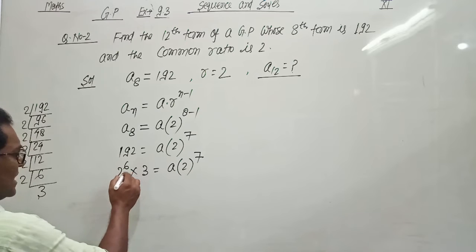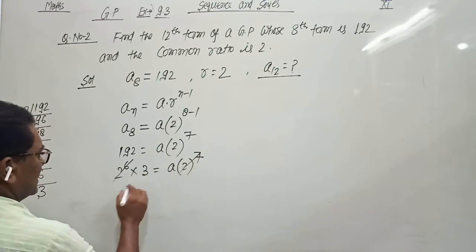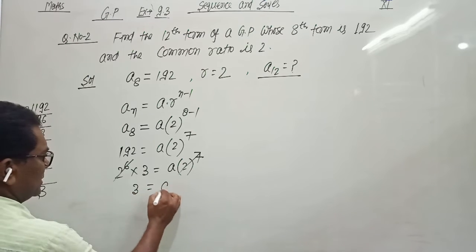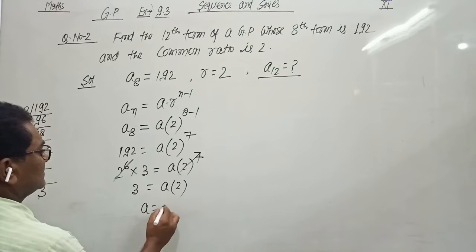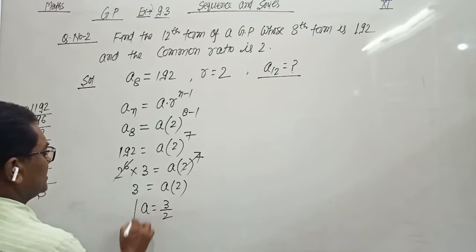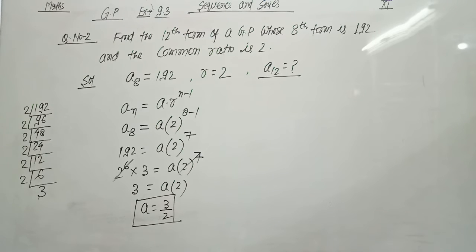So 2 raised to the power 6 gets cancelled and here comes 3 equals a into 2, and the value of a comes to be 3 by 2. The value of a is 3 by 2, which is the first term of the GP. We have calculated the first term of the GP.